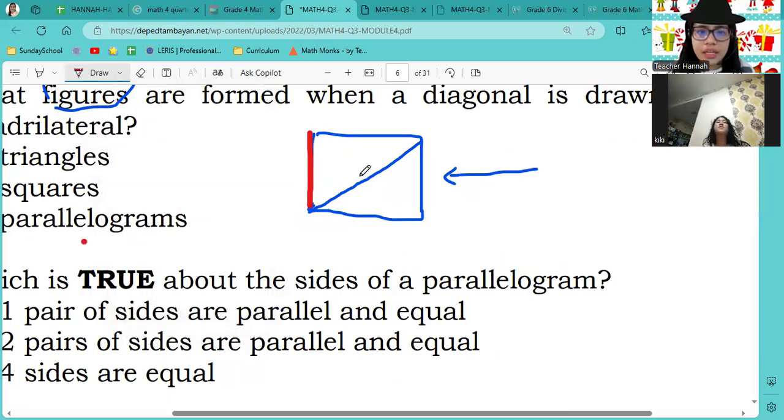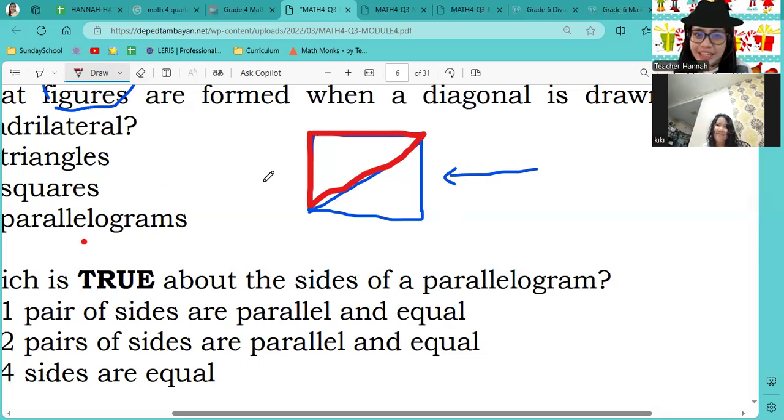What shape is this? Square. What, this one, what shape is this? Square. No, the red one. The red line? Are you sure?